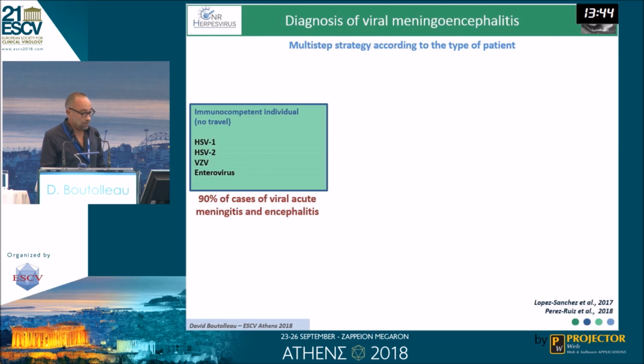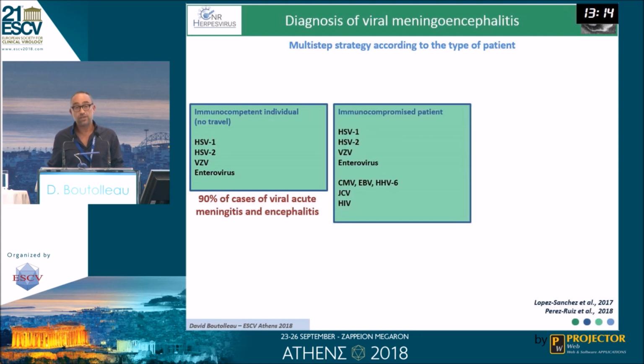For an immunocompetent individual who did not travel or does not live in a region where there may be some arboviruses, the viruses you have to test in the first line are HSV1, HSV2, VZV, and enterovirus. Those viruses cover the great majority of the cases of viral acute meningitis or encephalitis.